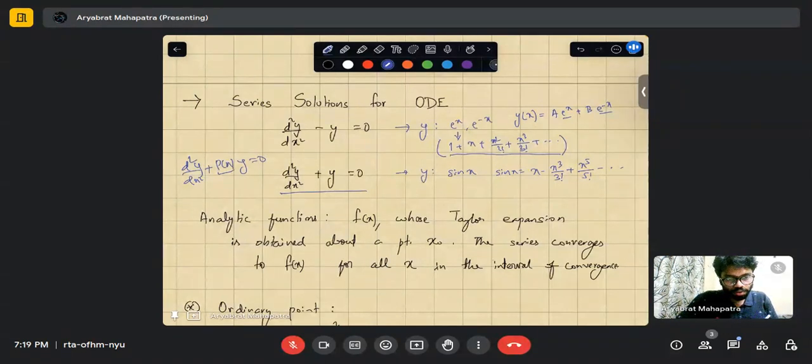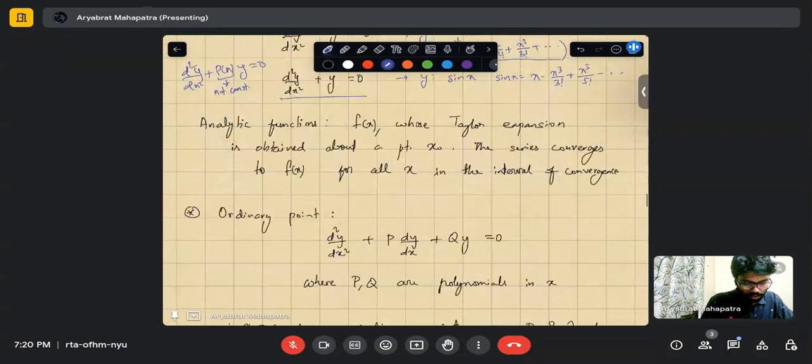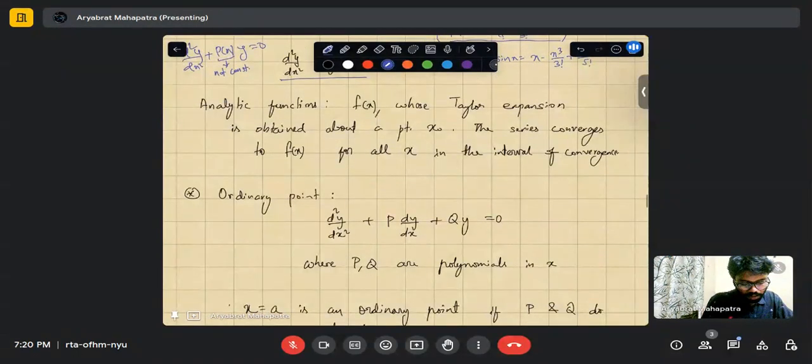We used to always say that you solve ordinary differential equations with constant coefficients. But what happens when you have this kind of p of x which is not constant? In those cases, you only have one choice, that is you start from the basic idea of series solution. That is what the discussion following from here will be.